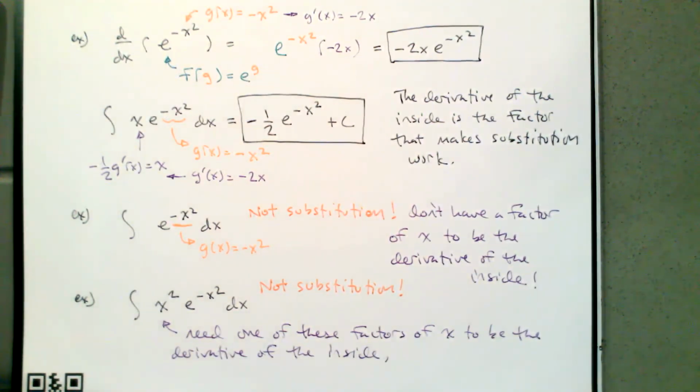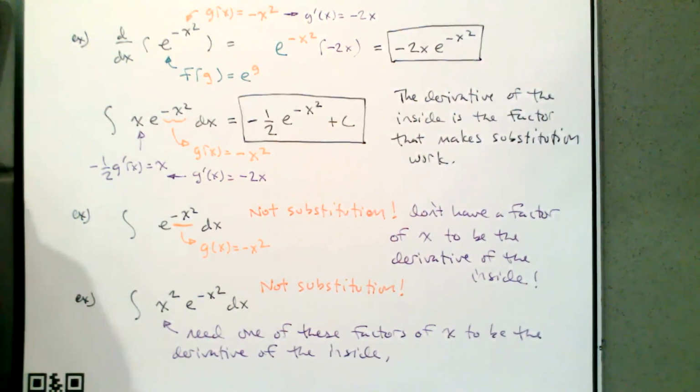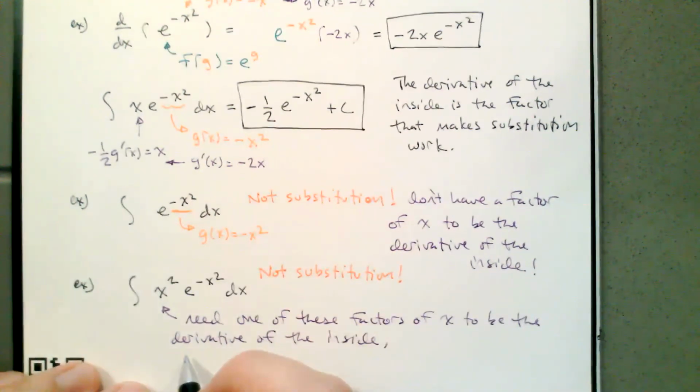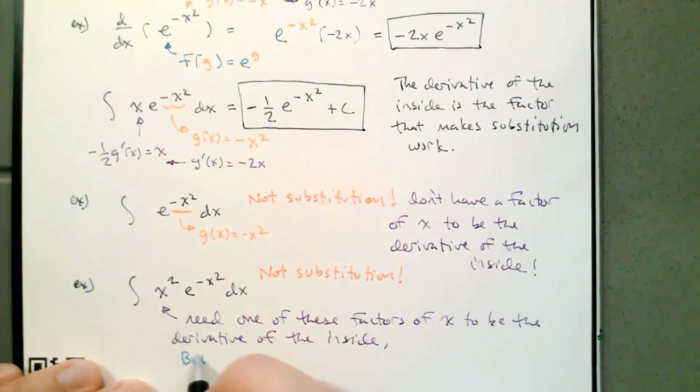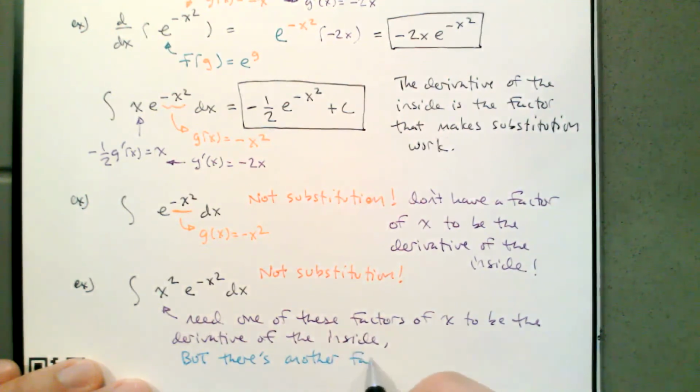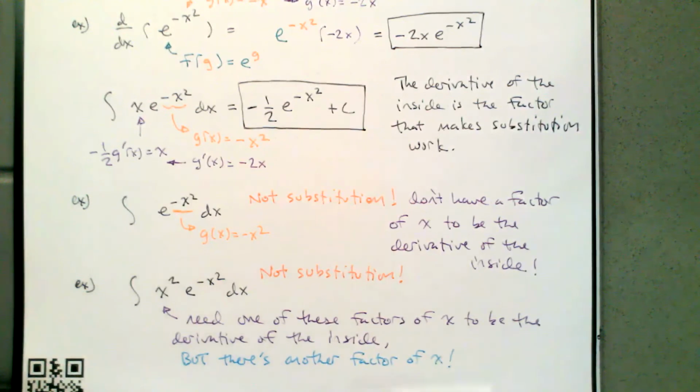But we don't know what to do with the other factor of x. There's another factor of x that we don't have anything to do with. We can't just have some spare factor of x that we can ignore.